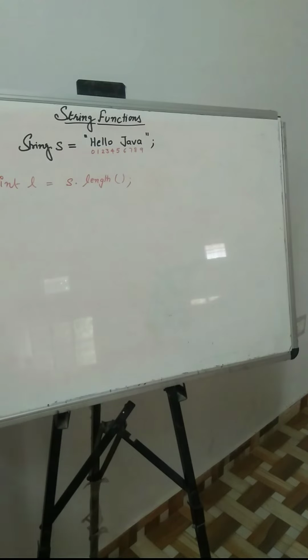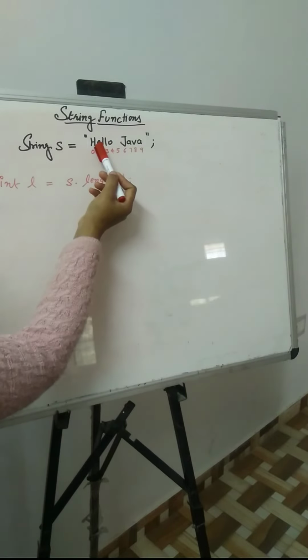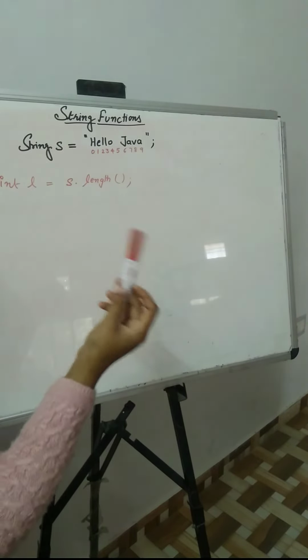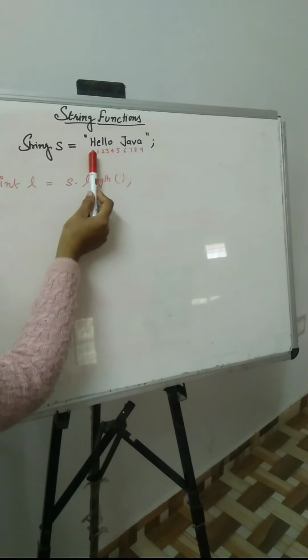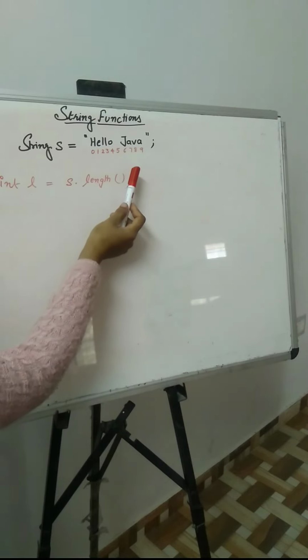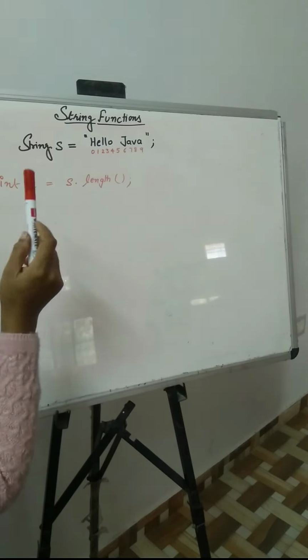According to this function, it will return the length of the string, and which string? The S string. In the S string we already stored "hello Java". The index position starts with 0, but length always starts with 1.